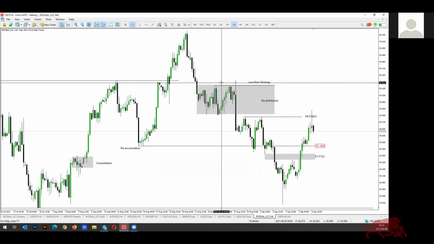Anyone? I think where you marked the daily FVG, fair value gap, on the old highs. Anyone else? If you are shorting dollar right now, what is your target?